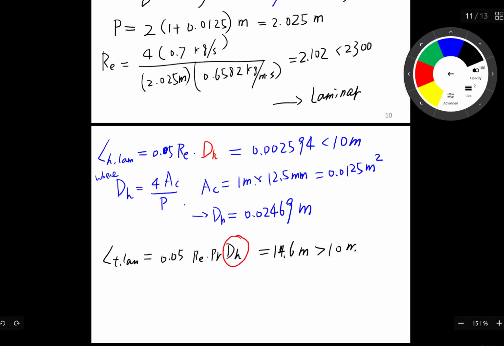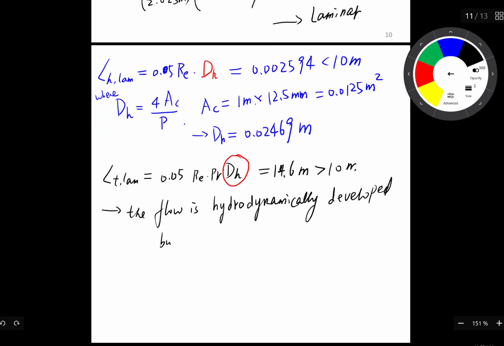Since it takes about 15 meters for the flow to be thermally developed, and the plate is only 10 meters long, the flow did not get the chance to be thermally developed. So the flow is hydrodynamically developed, but still thermally developing.